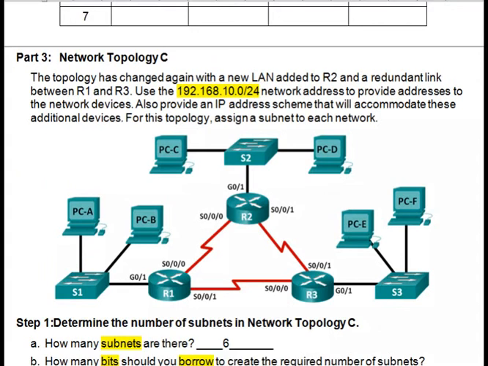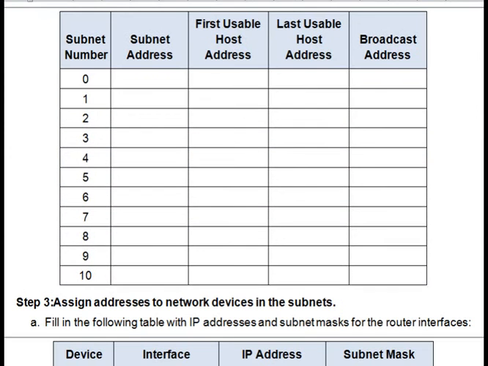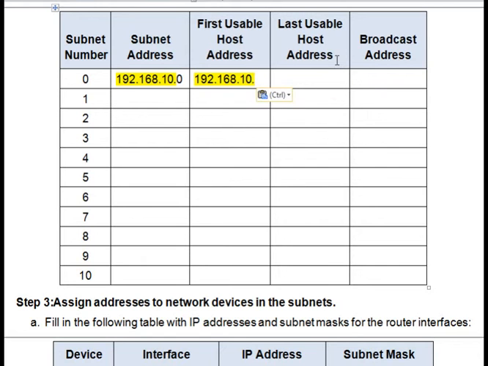So let's proceed with the first address given, 192.168.10.0. So in this case, this is the network address. We're going to put this in the subnet address. Okay, so the first usable host address will be 192.168.10.1.